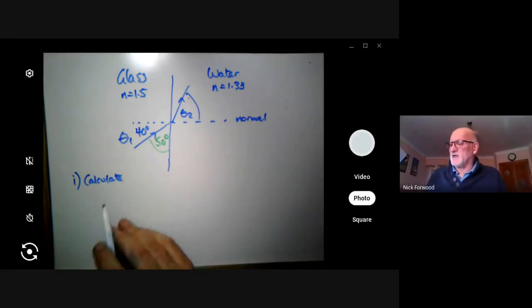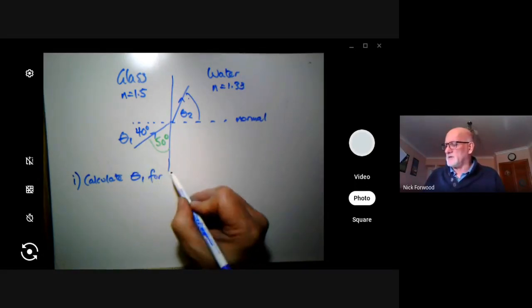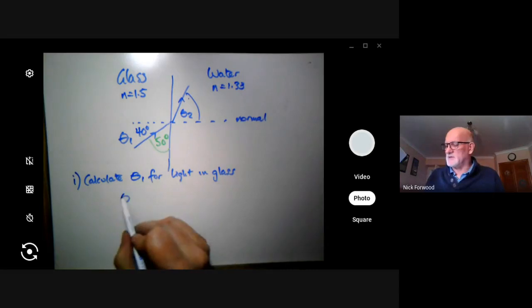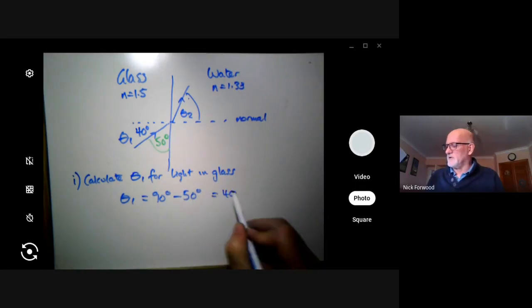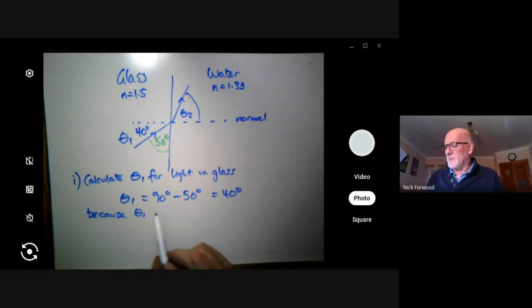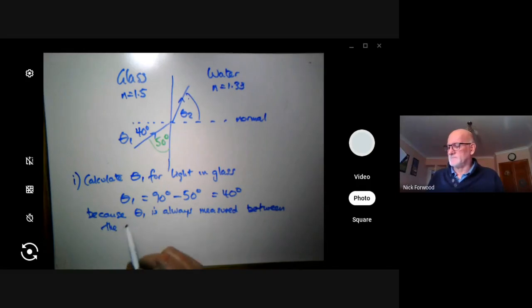But I'm going to say, right, calculate theta 1 for light in glass, and you do that by writing theta 1 is 90 degrees take away 50 degrees, and that is equal to 40 degrees, because theta 1 and theta 2 are always measured between the ray of light and the normal.